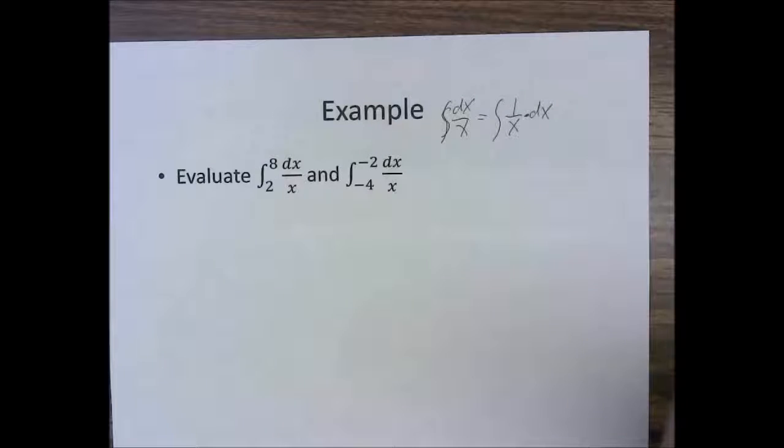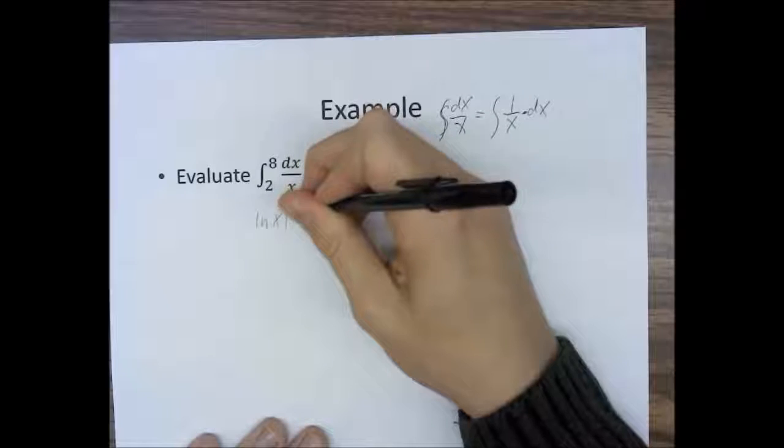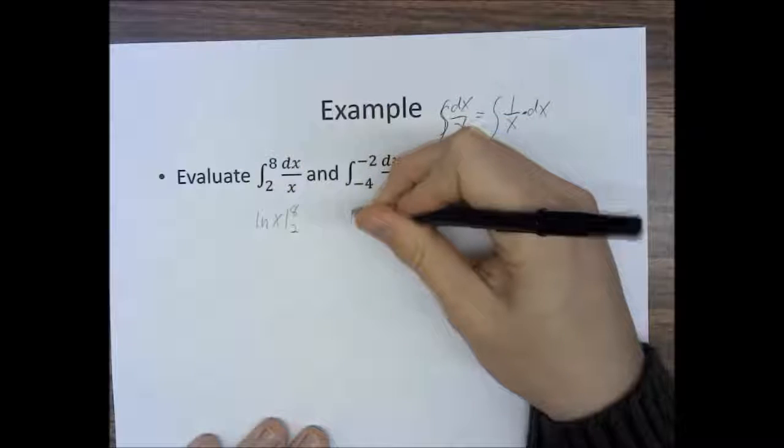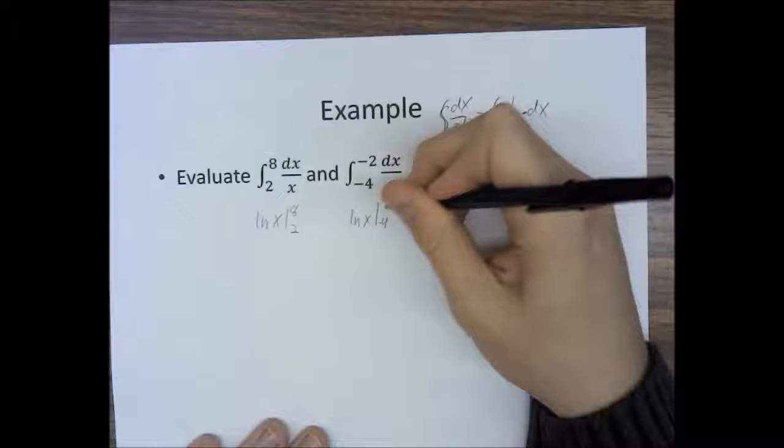Okay? That's just another way of writing it. So the integral of 1 over x, or the integral of dx over x, that is just going to be the natural log. So we got natural log of x from 2 to 8, and the natural log of x from -4 to -2.